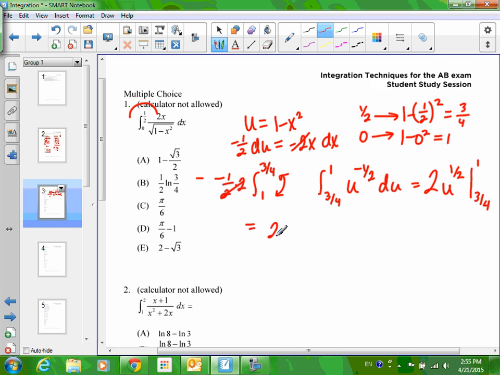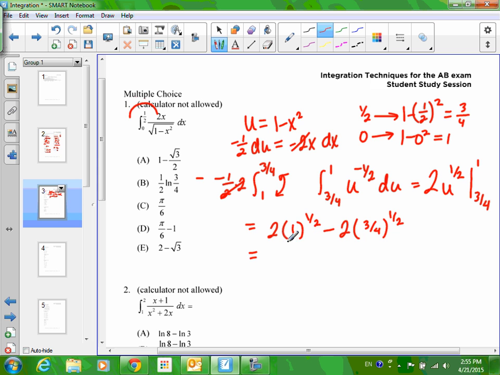Okay, so now you plug in the top number first, and then you plug the bottom number in. If we had forgotten that we can change those numbers, the 1 and the 3/4 would be switched, that's what causes that negative. Does that make sense? All right.